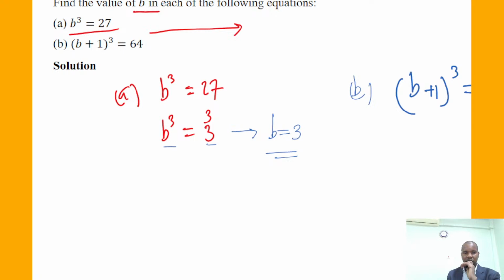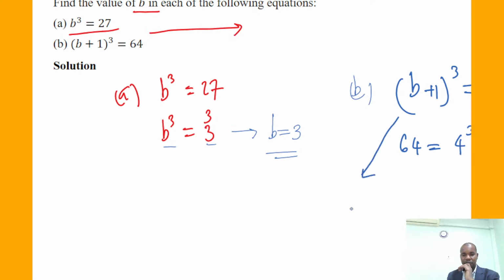This is going to be equal to 64. Once again, you have to express 64 in such a way that we have a number to the power 3. And we know that 64 is equal to 4 to the power 3.